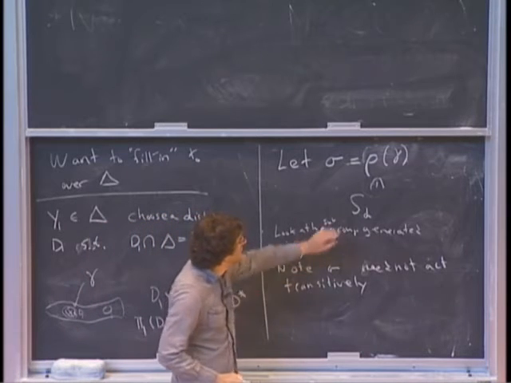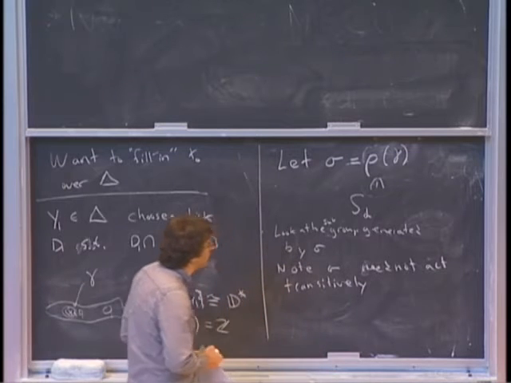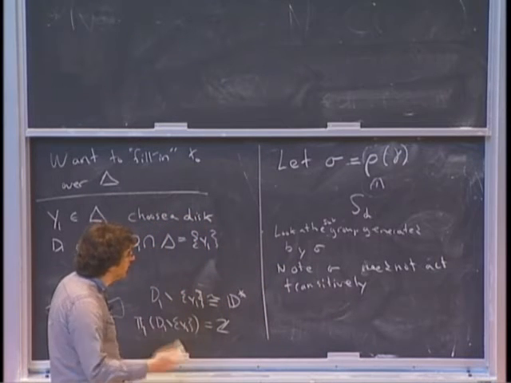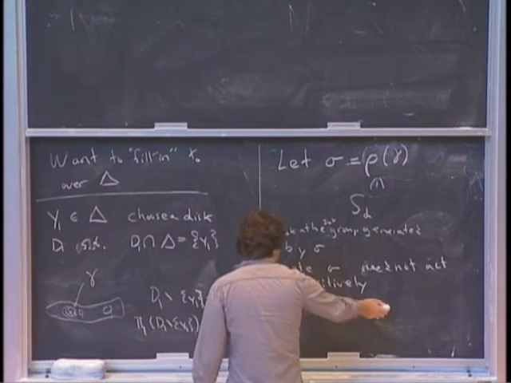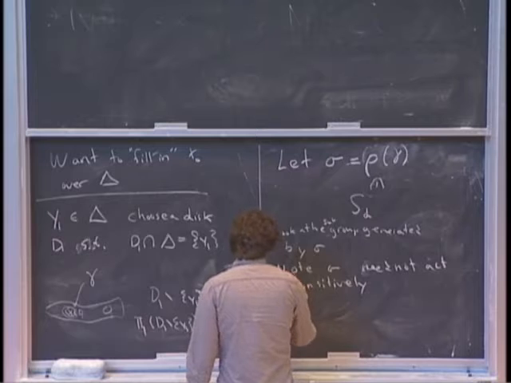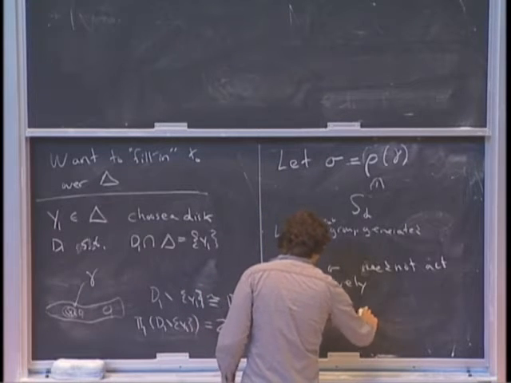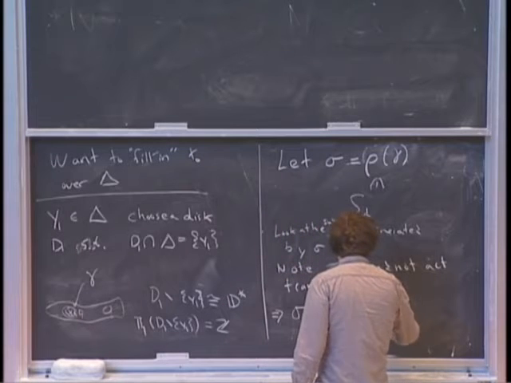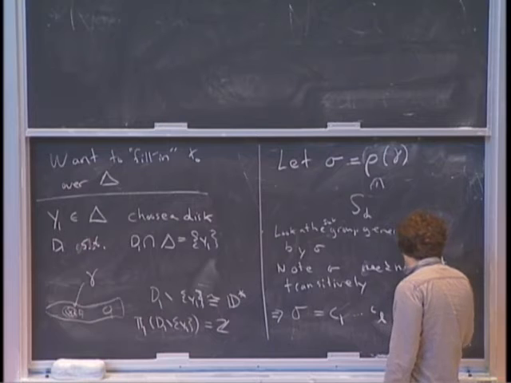Nevertheless, it's an element of S_D, and since it's acting in an abelian way, it should be decomposable into disjoint cycles. So we can write sigma equal to C1 up to CL, where the Cj are disjoint cycles.